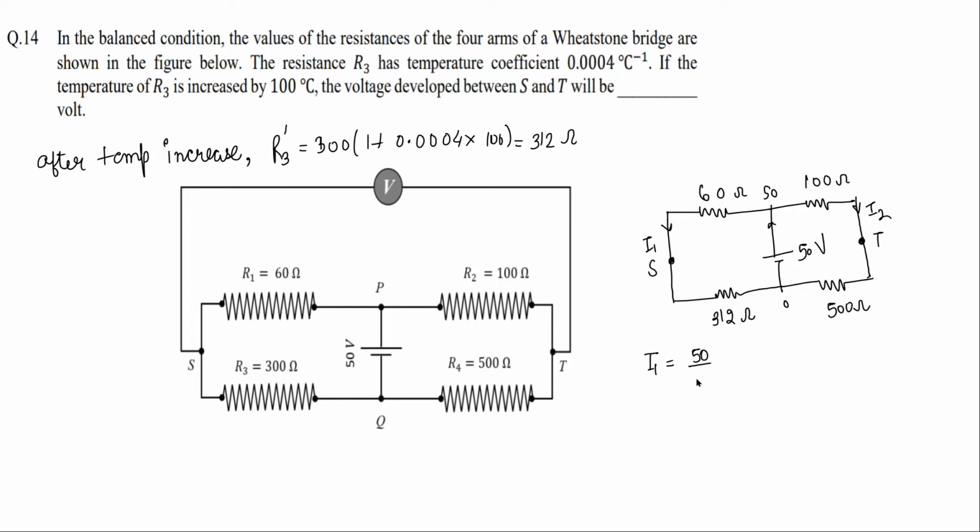So it would be 372 ohms. Okay, so the current would be 50 by 372 amperes. And we can write this potential Vs now as this 312 ohm multiplied with this I1. Okay, so this Vs can be written as 312 into 50 divided by 372 volts.